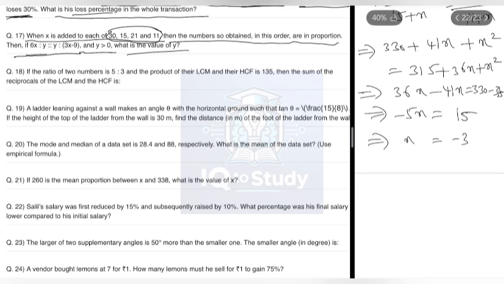Let's solve the second equation, which is 6x/y = y/(3x − 9).